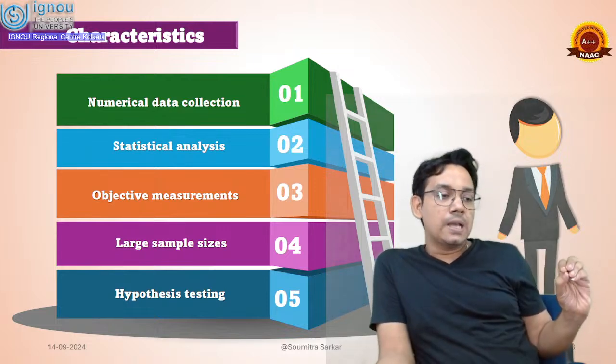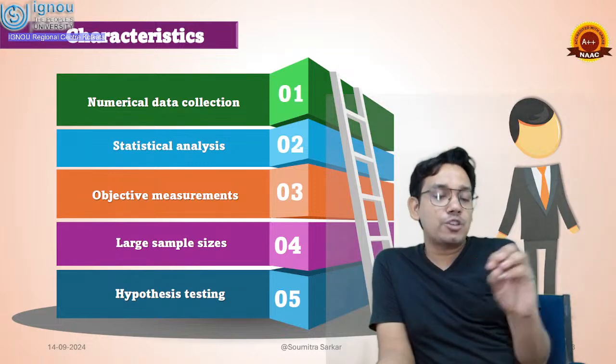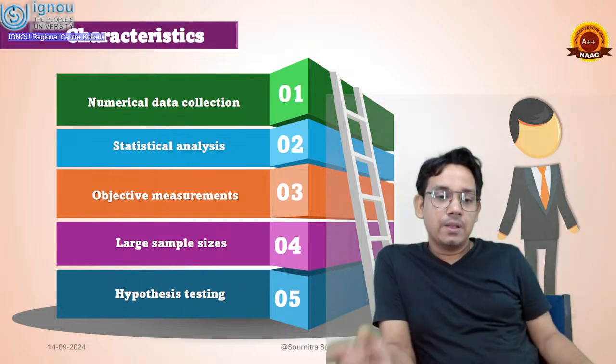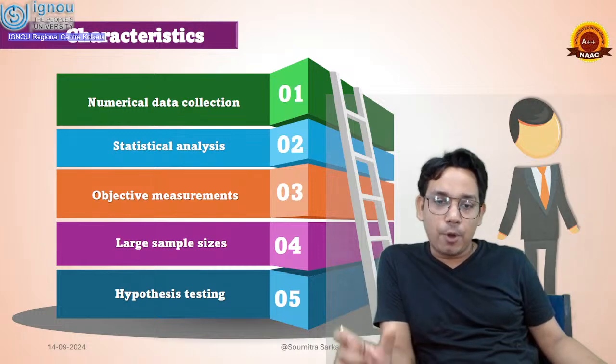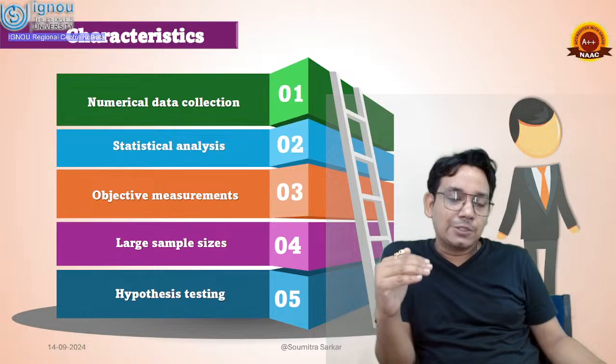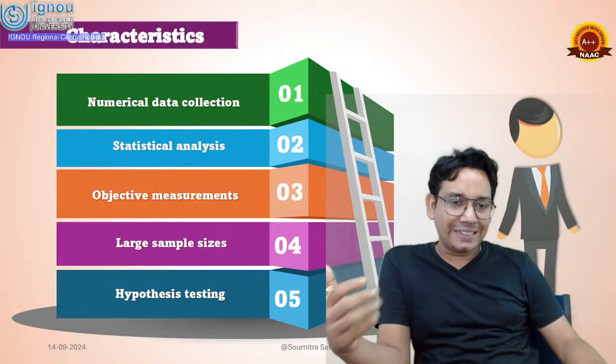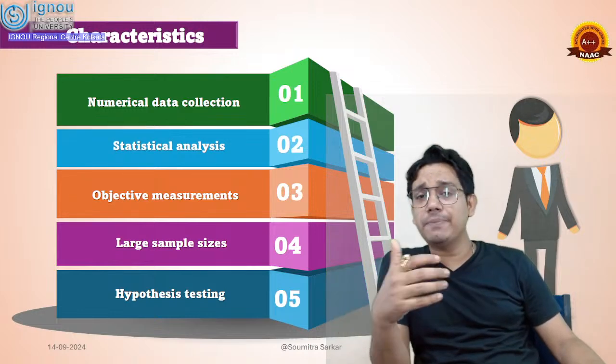These factors are typically associated with this. These are the specific causes of a particular fact. So there is an objective relationship, objective measurements. So when you focus on quantitative research, it automatically pays attention to objective measurements.